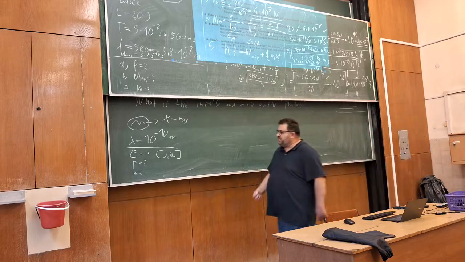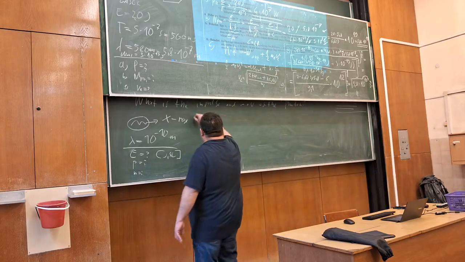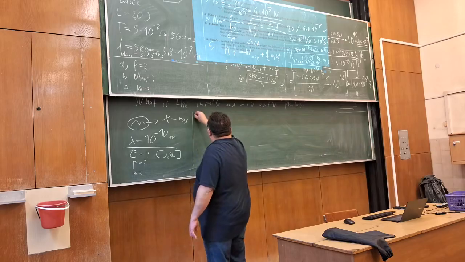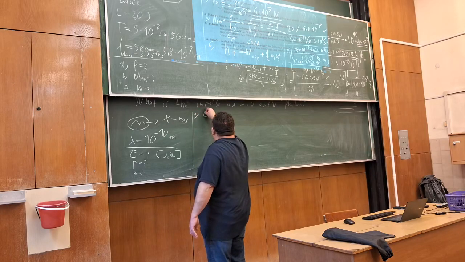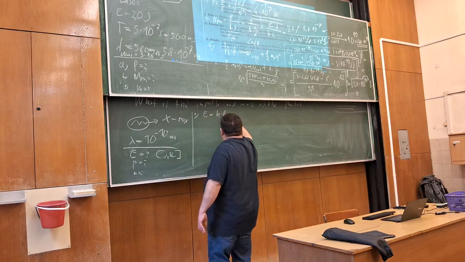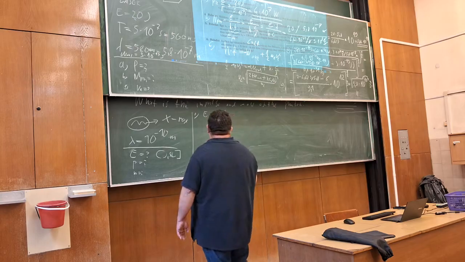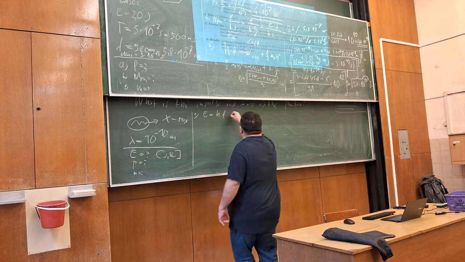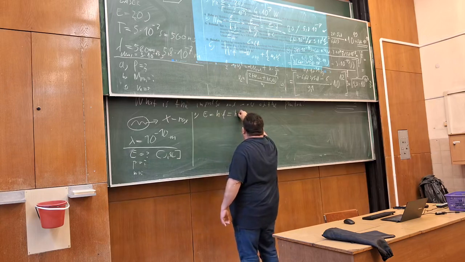So, first, energy. Energy is Planck constant multiplied by frequency. That means Planck constant c per lambda.